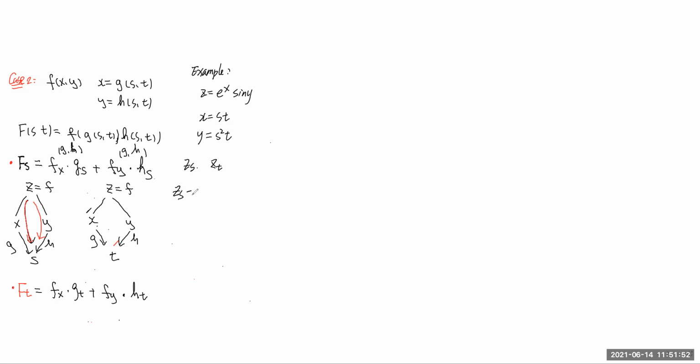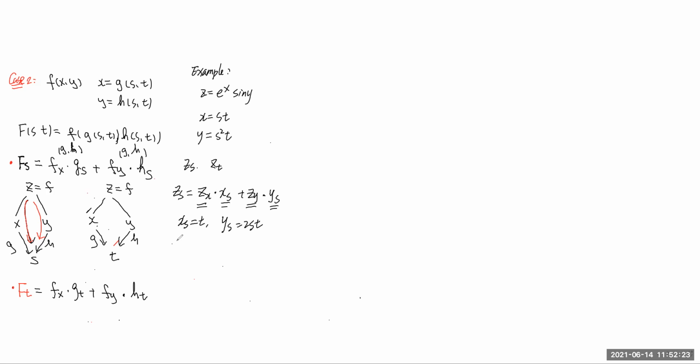If you compute z_s, you first go z_x, and for x you differentiate with respect to s, plus z_y and y differentiated with respect to s. So after we know this, you have to compute this and this. Let's first compute x_s. x_s is t, y_s is 2st, right?